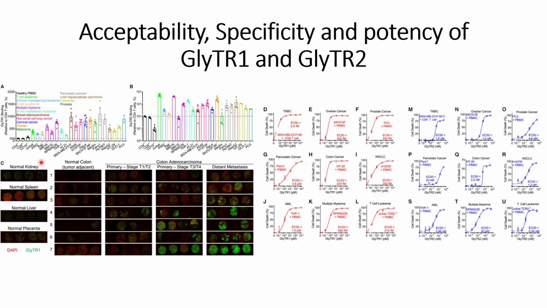And here the GlyTR1 is conjugated to FITC, so that if GlyTR1 binds to these tissue microarrays, it will show green fluorescence. For these normal organs, that is normal kidney, spleen, liver, and placenta, we are able to see a faint green color.